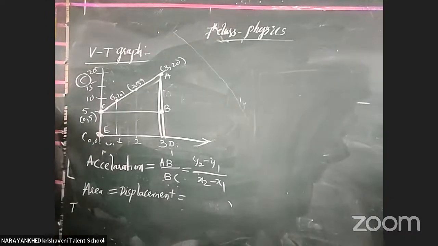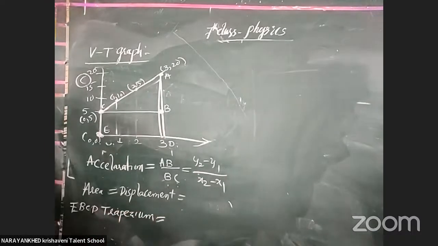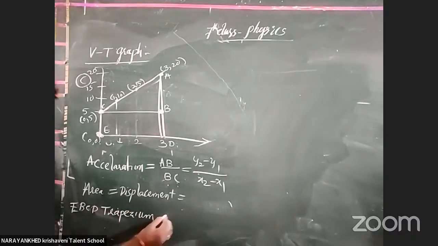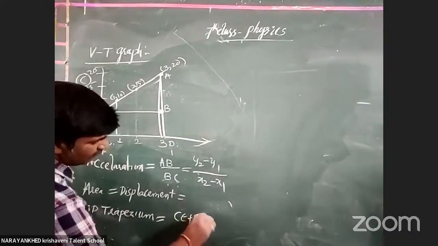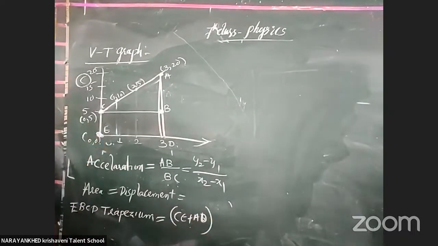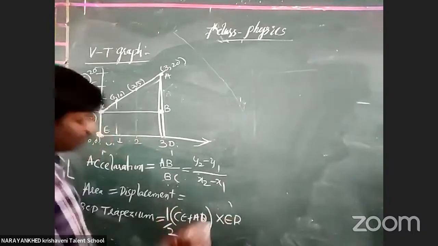What are we considering here? Which trapezium? The EBCD trapezium we are considering here. You know very well it is one type of quadrilateral. Now the trapezium area is, how to consider it, you know, CE plus AD into ED, into 1 by 2.